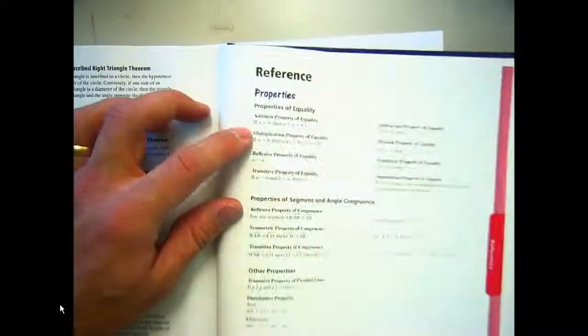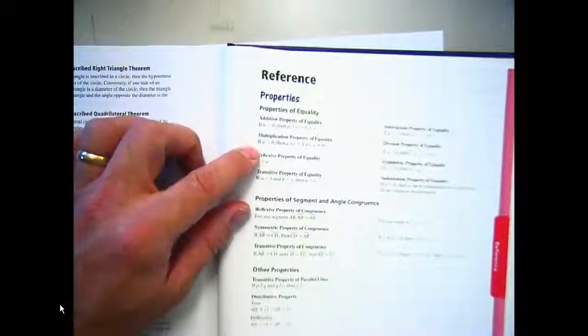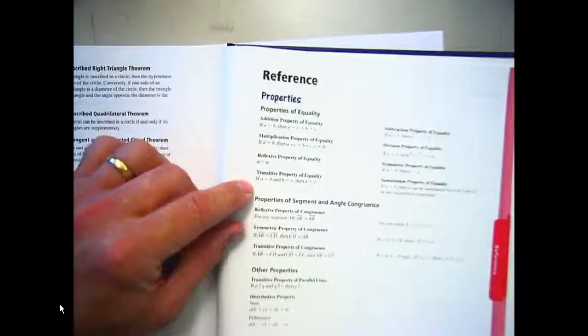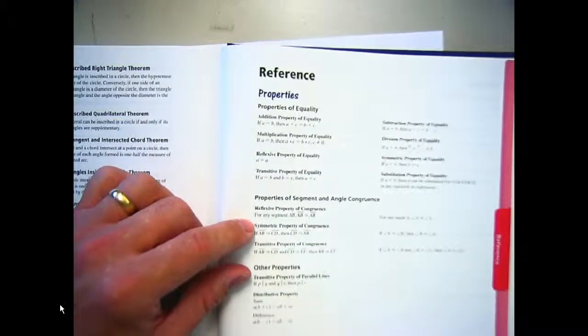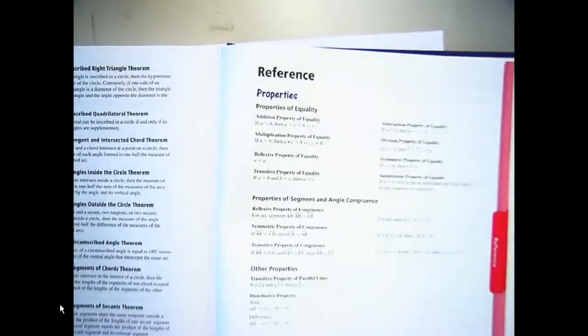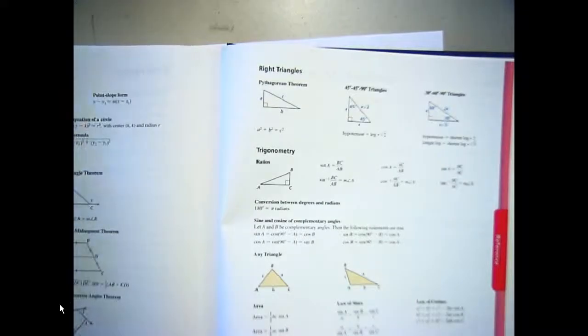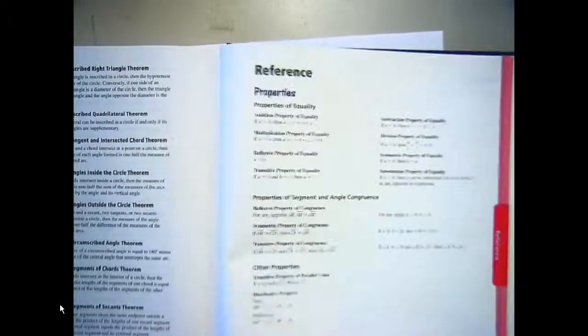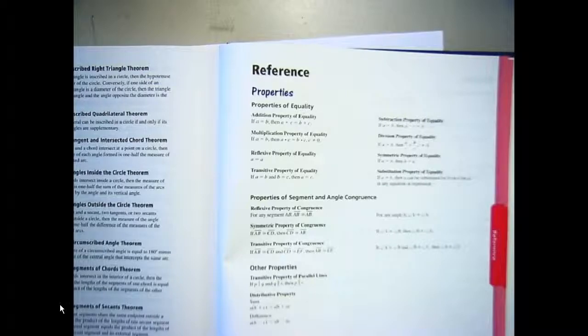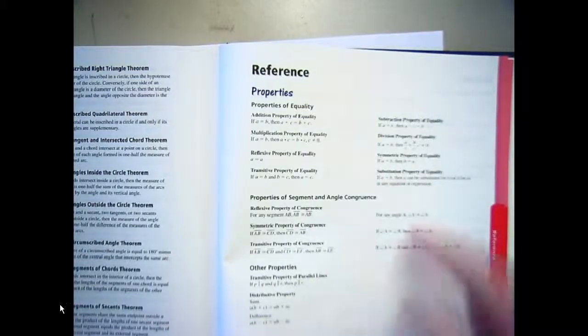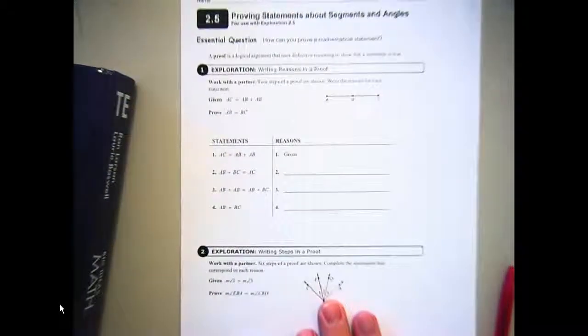And then your properties, addition property of equality, multiplication, reflexive, transitive, reflexive property of congruence, all these different properties we talk about are here as well. So great resource for you. Any questions there? It's a good page to look at, especially while you're doing today's exploration.